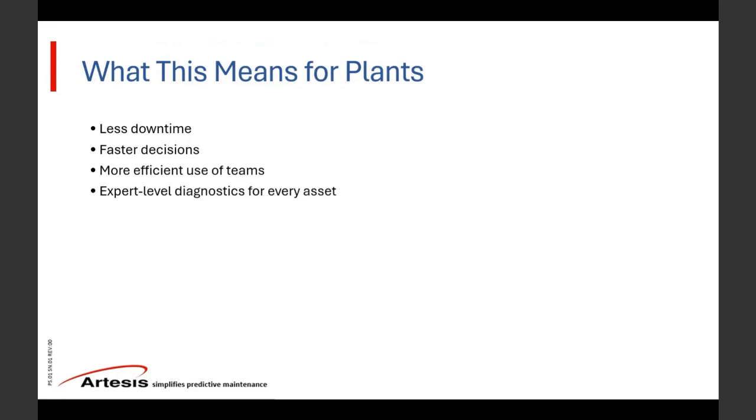And one final thing that I want to mention before we get into the Q&A session is that the beauty of electrical signature analysis, or the advantage that it has now, is that it's pretty much covering everything that you would expect to find on your rotating asset.